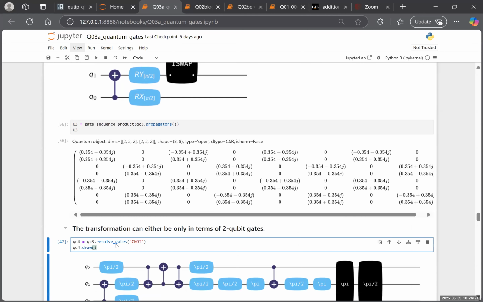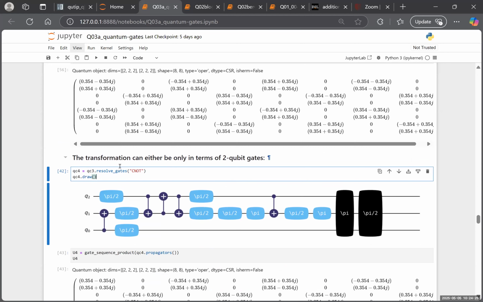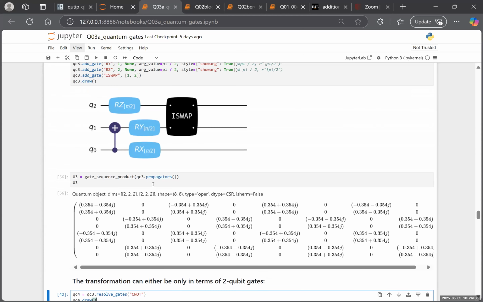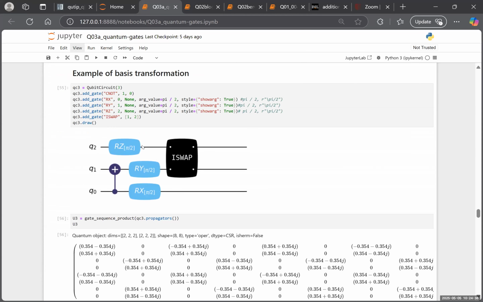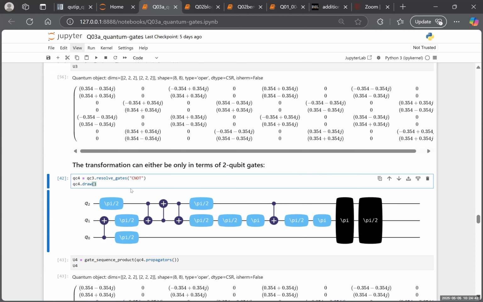So this wasn't written well enough to illustrate what exactly. And this transformation can either be only in terms of 2-qubit gate. Yeah, but we know that, but this is also 2-qubit. So yeah, I'm not sure what's the purpose of that. I view it now as an example of a circuit.